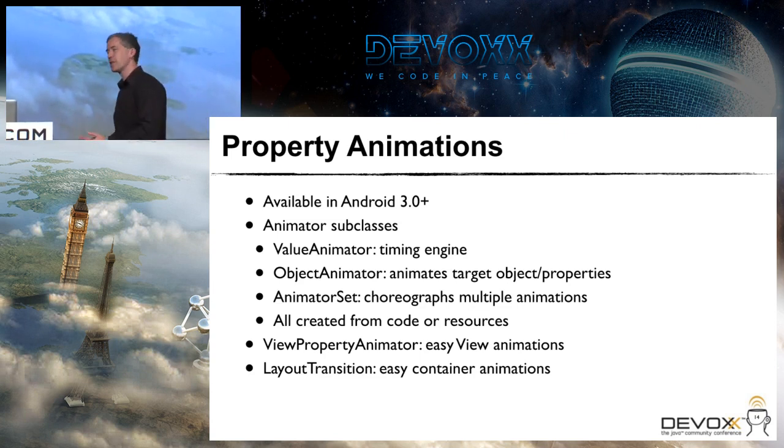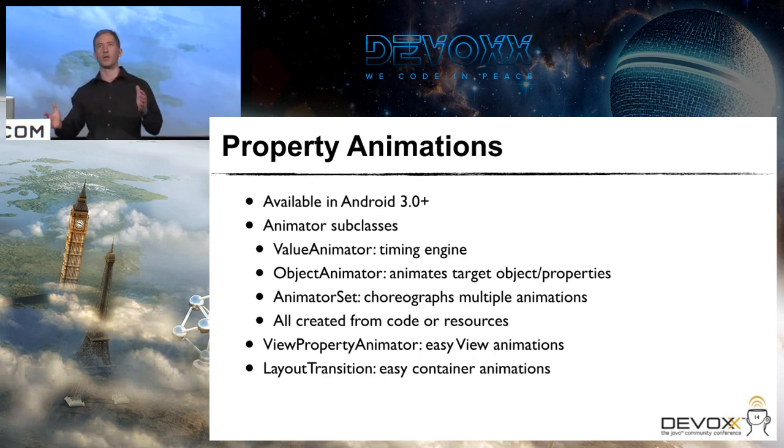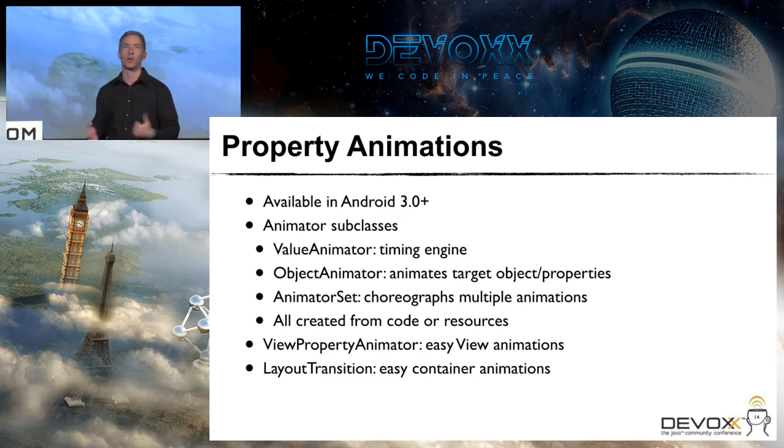In particular, the old AnimationSet basically let you play everything all at the same time, and if you wanted things to sequence one after another, you would do that with durations and start offsets. So it's a little bit easier to structure a more complicated choreography of animations.